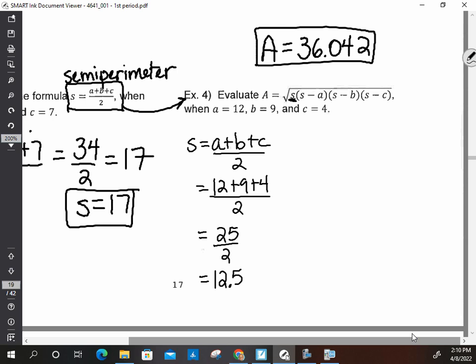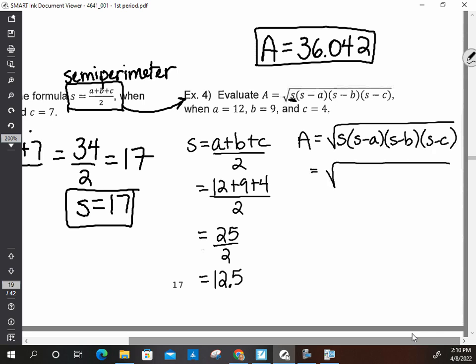Now that we have what S is equal to, we're going to plug it into the big formula. So now we plug it into the formula. So S is 12.5.